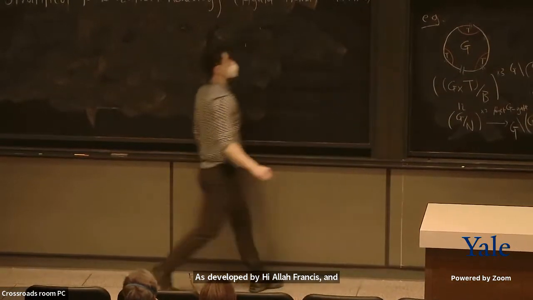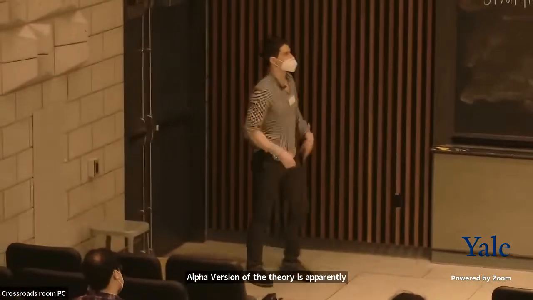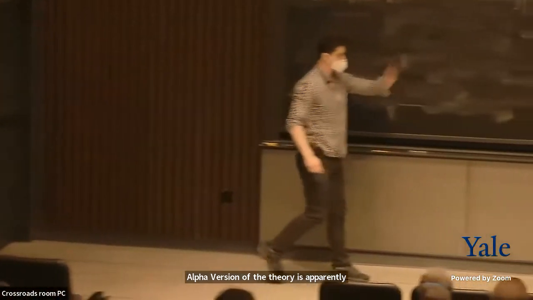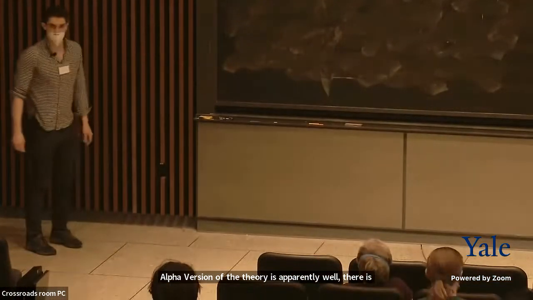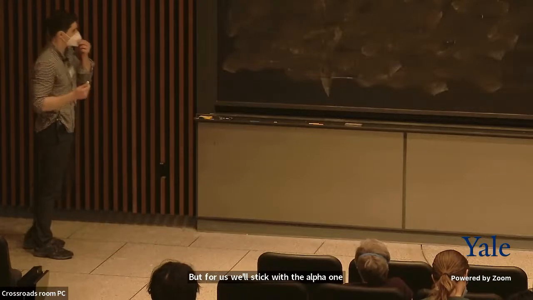I think this is what's now referred to as the alpha version of the theory. Apparently there is a beta version of the theory, which is some super version, but for us, we'll stick with the alpha one. So what is the basic setup here?